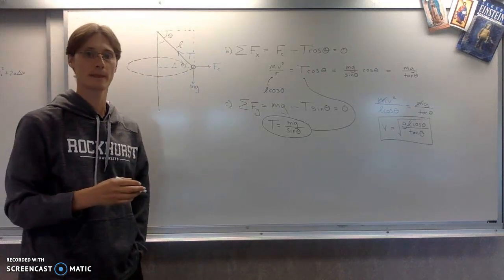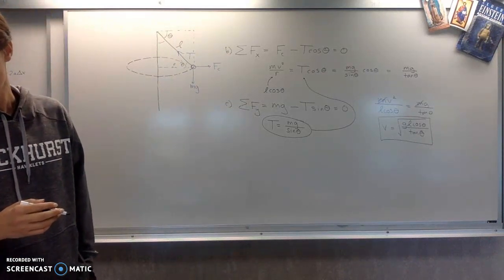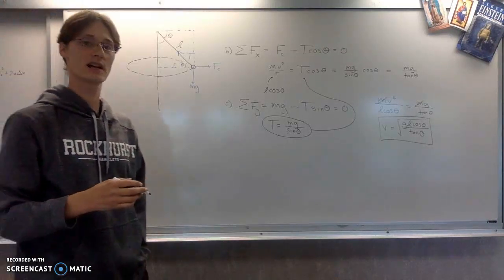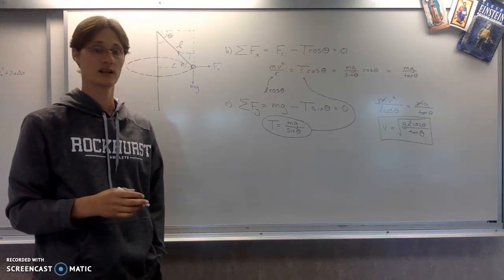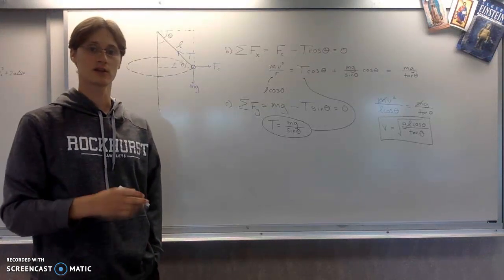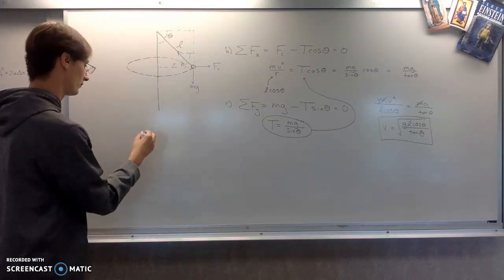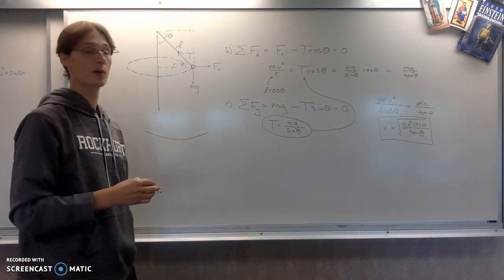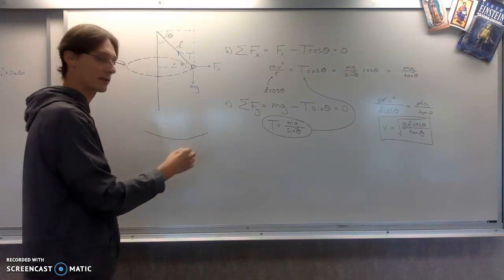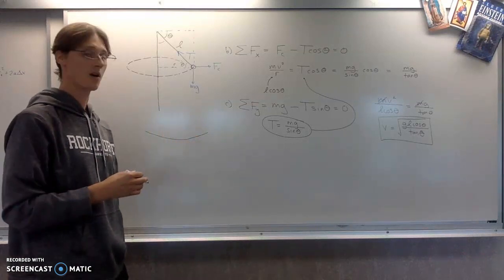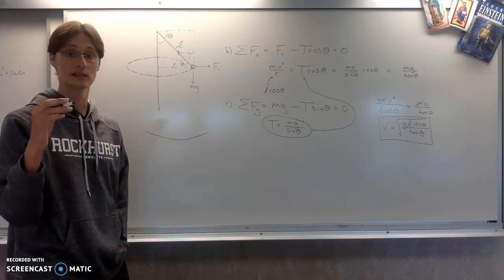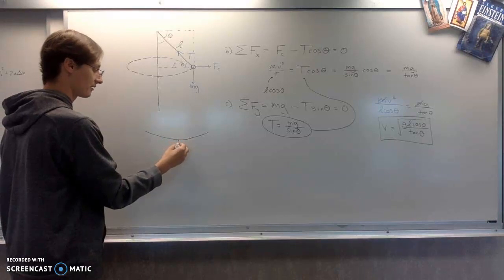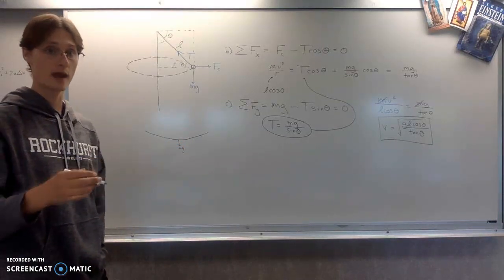Okay. Now let's see. Part D, what tension is required in order for theta to be 0? This right here is actually just a conceptual question. It's kind of like earlier when we were talking about why it is that when you hang up a rope, it always sags a little bit in the middle. No matter what you do, if you take a rope, tie it between two trees or whatever, it's always going to sag a little bit in the middle, no matter how tightly you pull it, because there will always be a component of gravity pulling down, because the rope has weight.